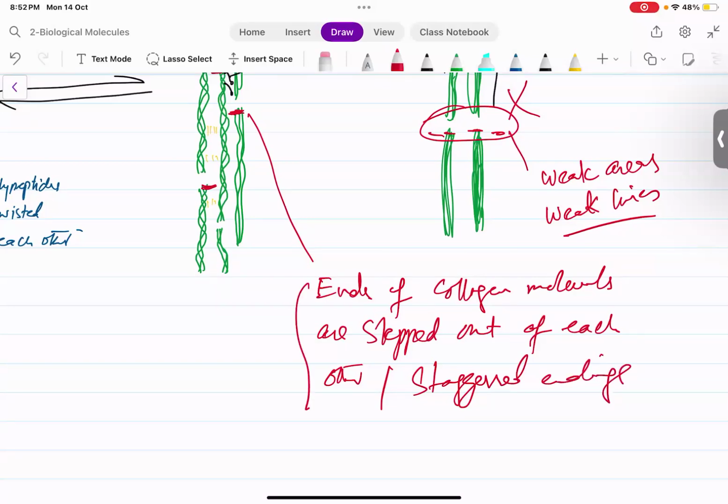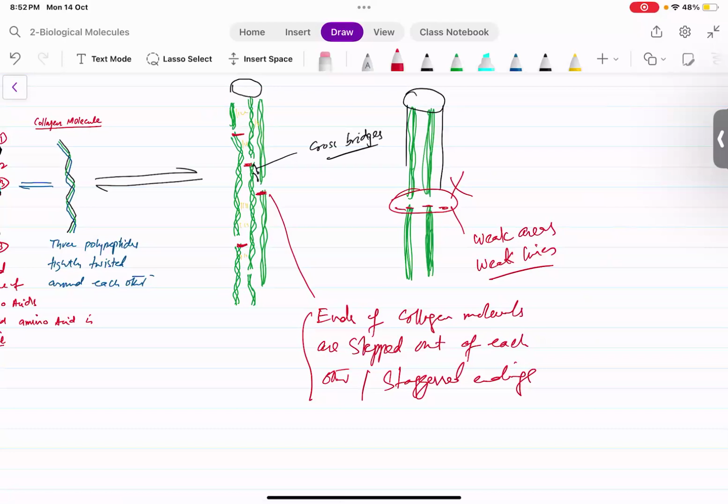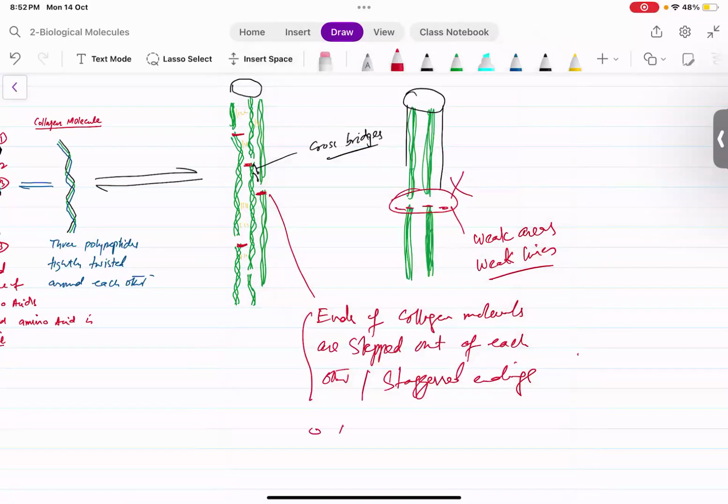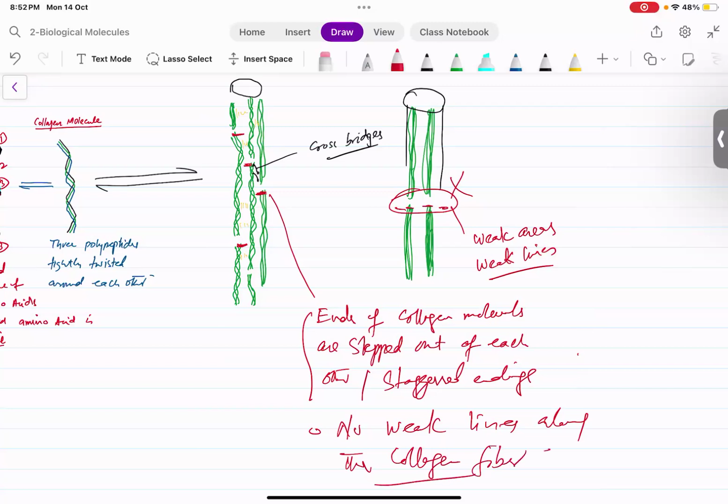This staggered ending or stepping out of these molecules from each other leaves no weak lines along the collagen fiber. So this provides higher tensile strength to the collagen fibers.